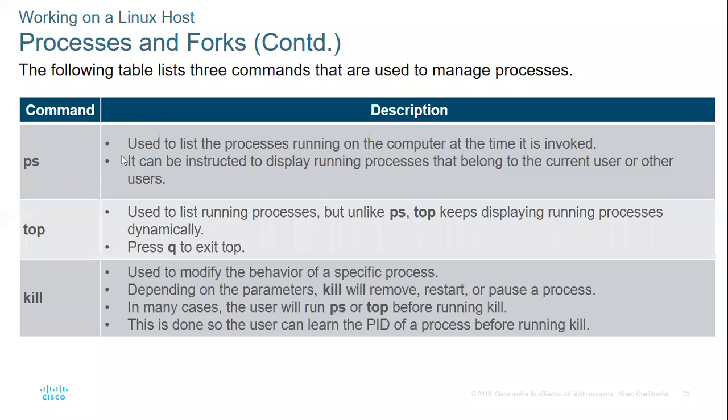We looked at these commands, the ps, which is used to list the processes that are running on the Linux machine. And then the top command is used to list running processes. But unlike ps, the top command keeps displaying running processes dynamically, automatically.